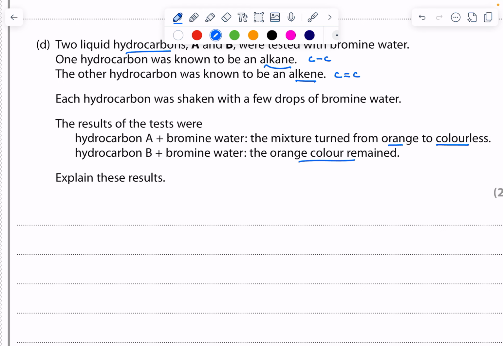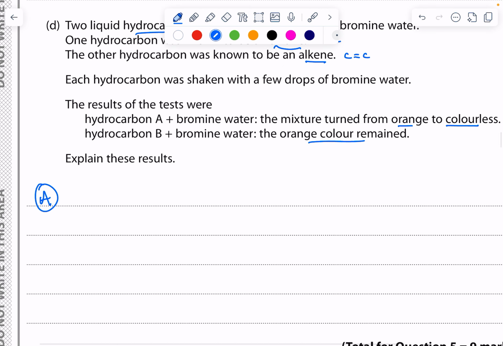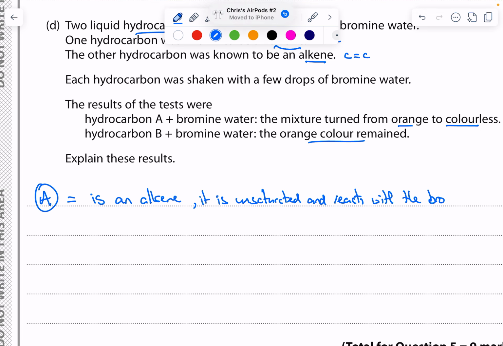So what we need to say is explain these results. So the reason that A has done what it's done is A is an alkene, and because it's an alkene, it is going to react with the bromine water. It's an alkene, it is unsaturated, and reacts with the bromine water.